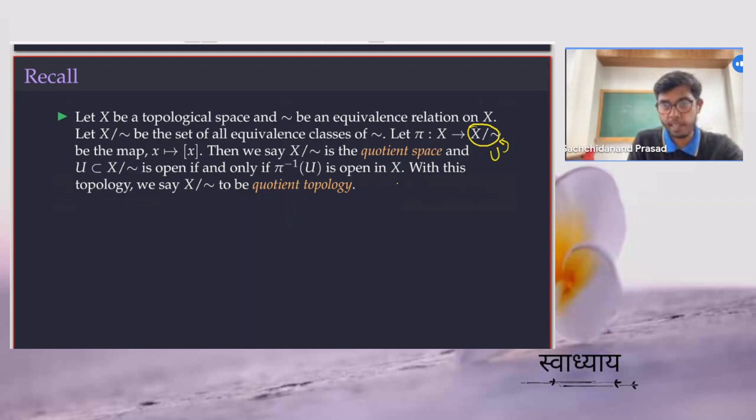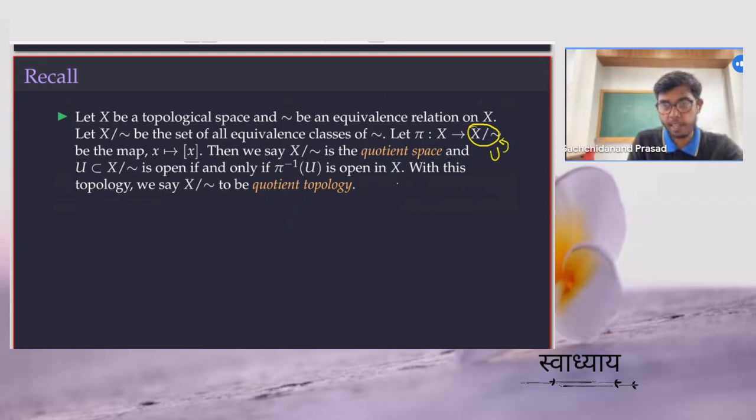So we also observed this theorem which says that if you have a continuous function between two topological spaces which preserves the equivalence relation, so that means that if two elements are related, then their images are the same, then it induces a map on the quotient space to Y. By that I mean there exists a continuous function g from X mod tilde to Y such that f is equal to g composed with pi.